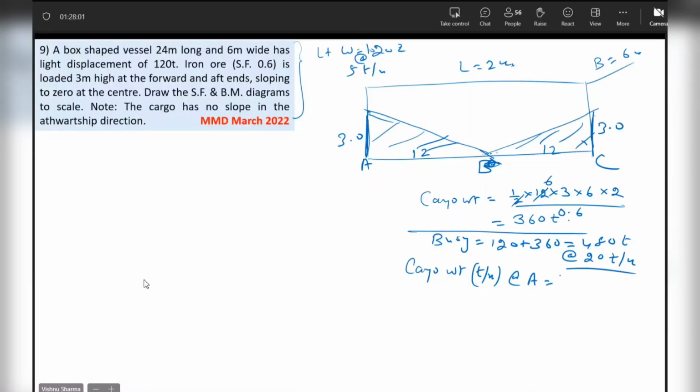So it will be height 3 meters, length 1 meter, breadth 6, volume. That becomes volume divided by the stowage factor of 0.6. So this becomes 10 on top. It is 30 tons per meter. Am I right, guys? Without calculator, you can get it. It's 30 tons per meter at A.